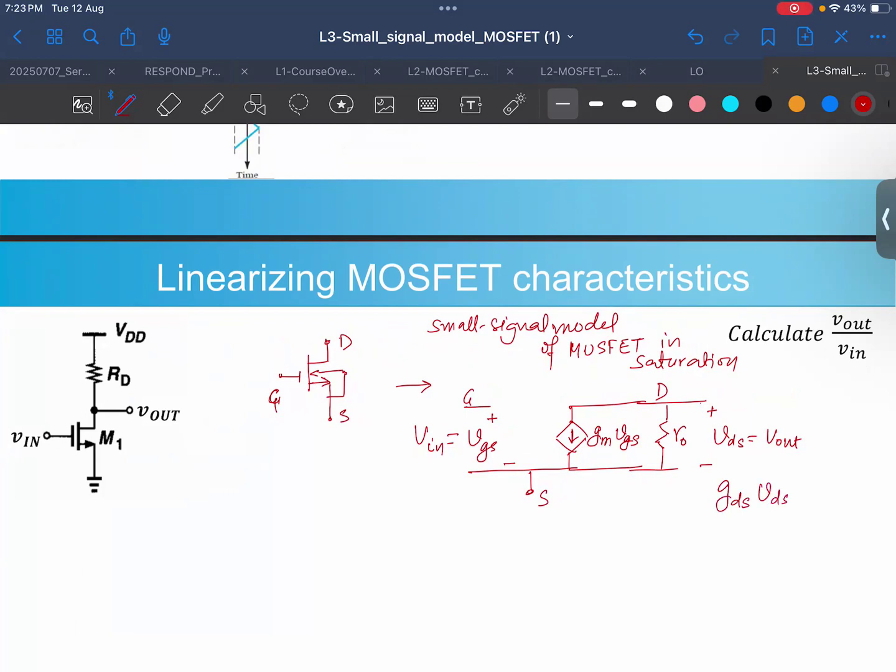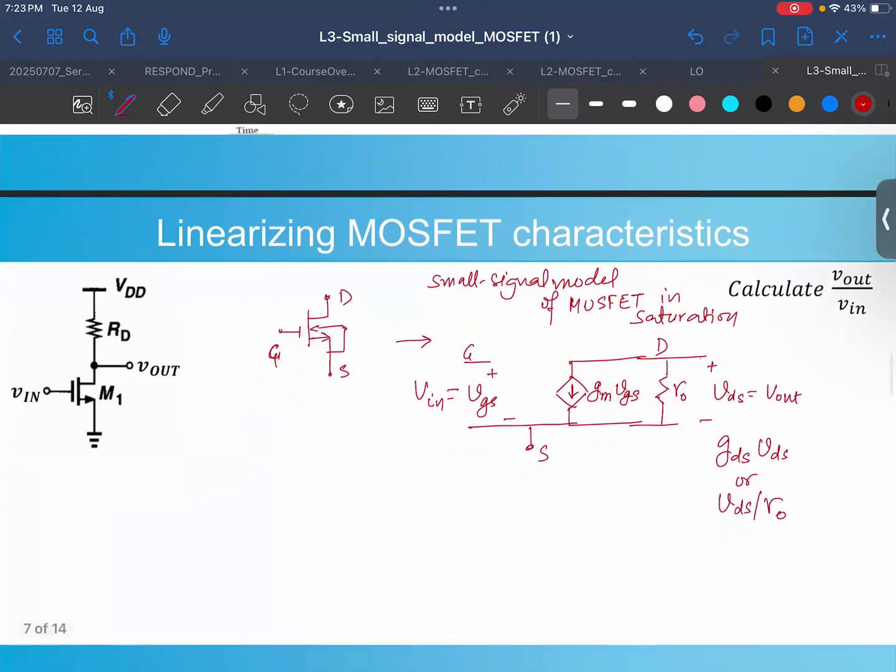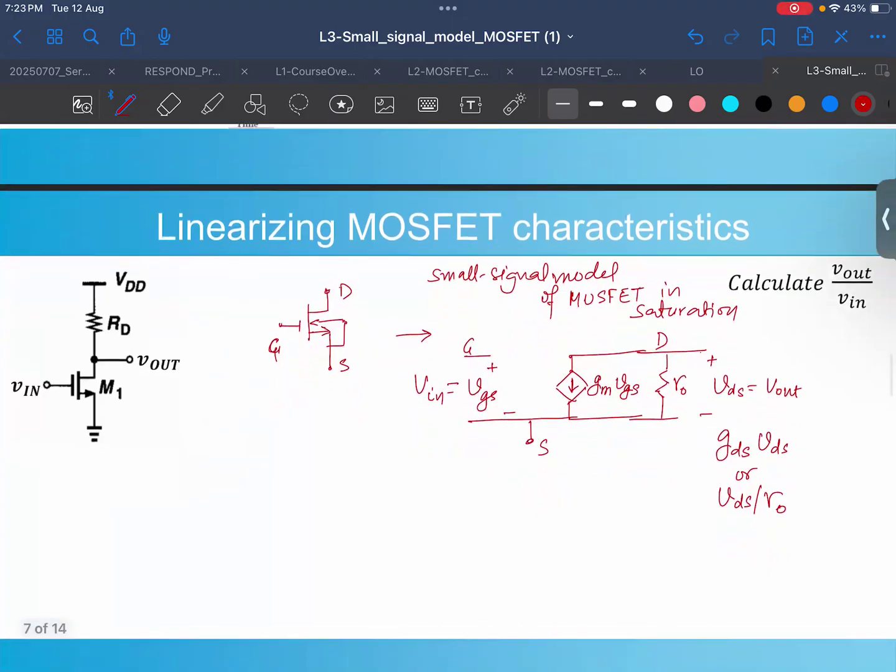This is another way this term can be represented, as R naught. Whatever you are comfortable with, you can use. We know R naught is equal to 1 by GDS. So if you are comfortable with this convention, you can put it in this convention. That is okay. So this is the small signal model of this MOSFET.